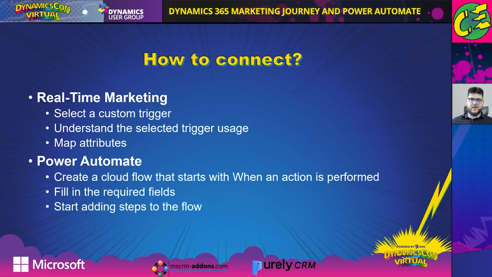The trigger is going to be inside the Dataverse when an action is performed. But you will see it. And then, like in any other Power Automate, we have to fulfill the required fields. And after it, we have to start adding steps, what we want to achieve with our Power Automate.